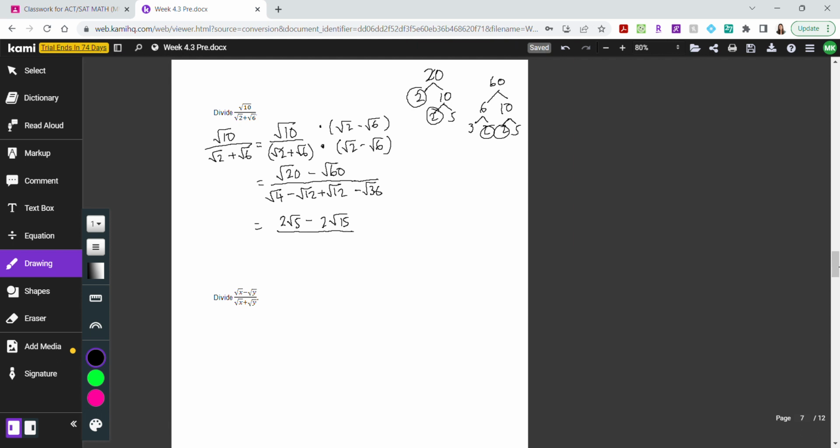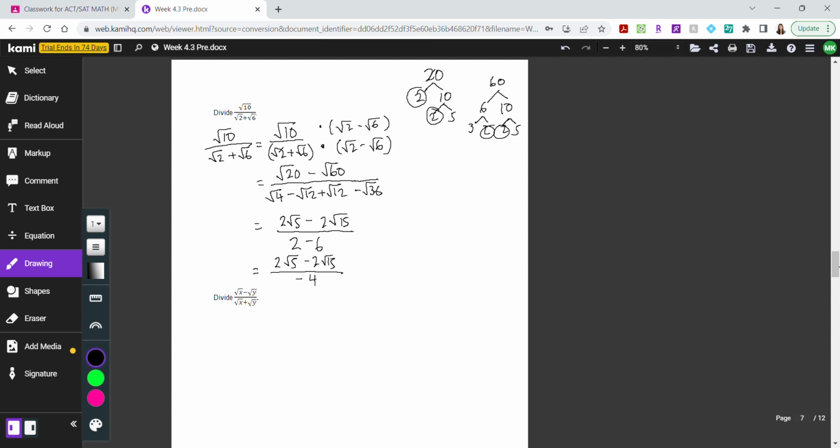Bottom, let's simplify and group whatever we can. So we'll get negative square root 12 plus square root 12 will cancel out of each other, and then this will become negative 6. All right. From here, we can't do anything to the top since square root 5 and square root 15 are different species. All right, so we have 2 square root 5 minus 2 square root 15 divided by negative 4.